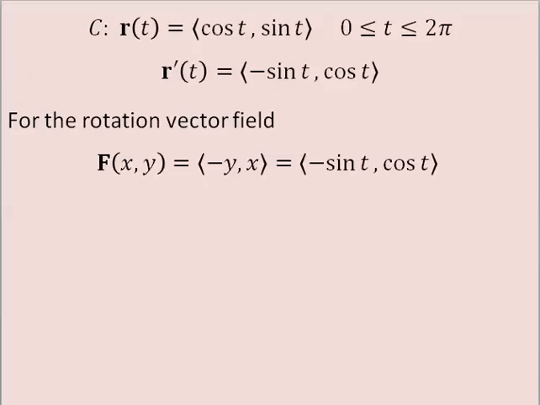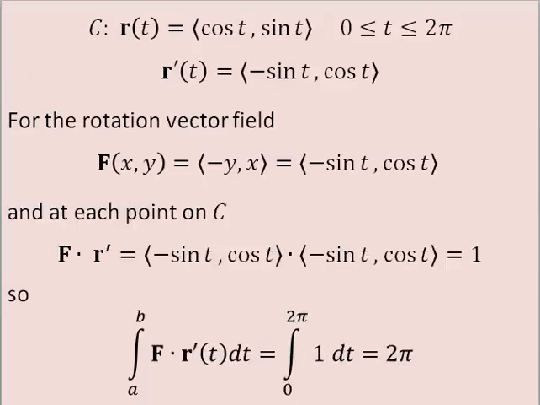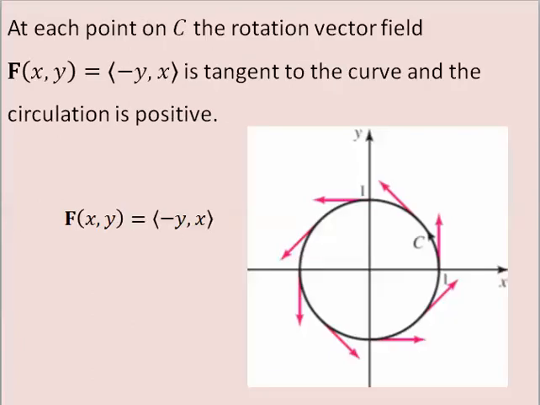Let's look at the rotation vector field. At each point on the curve, the dot product F dot r prime is equal to 1, giving a positive value. At each point on C, the rotation vector field is tangent to the curve, pointing in the same way as the curve. And so the circulation is positive.